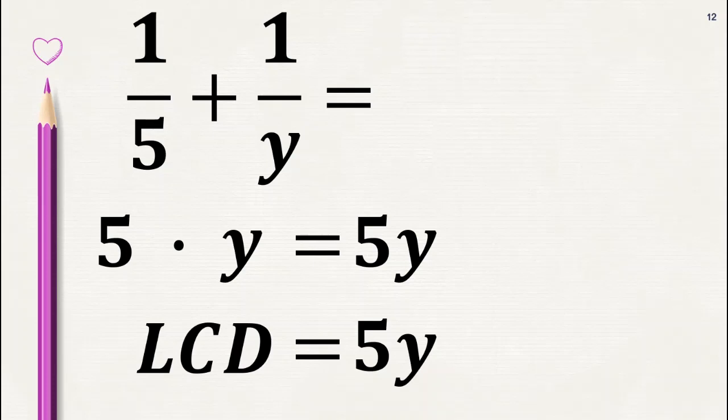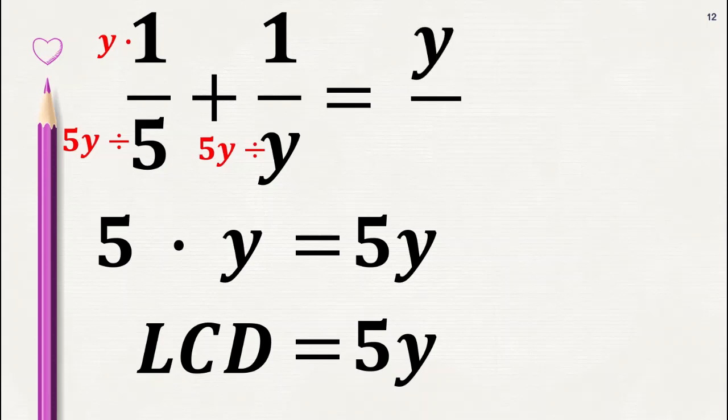We will divide our LCD by our denominator. So, 5y divided by 5 is y. Multiply to our numerator, y times 1 is y. Next is 5y divided by y is 5. Multiply it to our second numerator, that is 5 times 1 is 5.